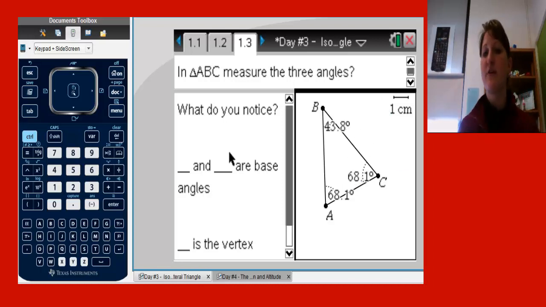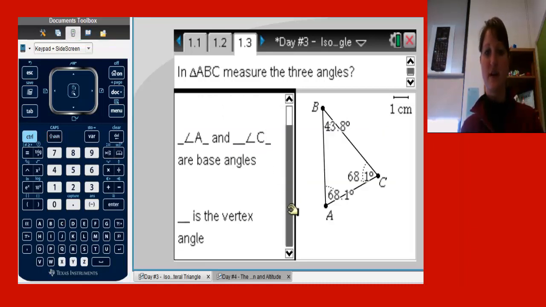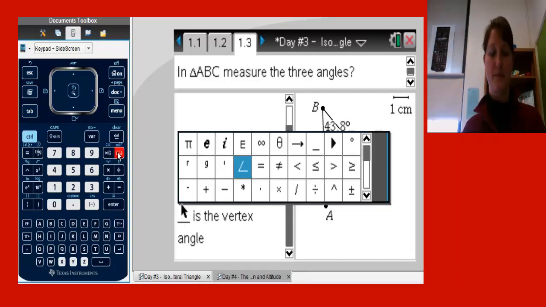So what we want to do is figure out which angles are the base angles. Well, the base angles are the ones that are the same, so that would be angle A and angle C. And then the second part says, what is the vertex angle? Well, the vertex angle is the one that's different. In this triangle, it would be angle B.